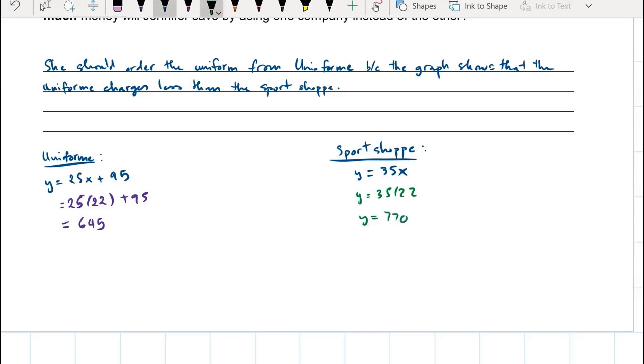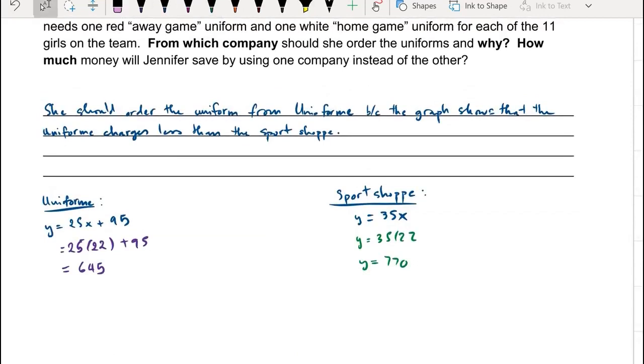Okay, so now this is obvious. Let's see what the question was. How much money did Jennifer save? So I would say Jennifer saved 770 minus 645.